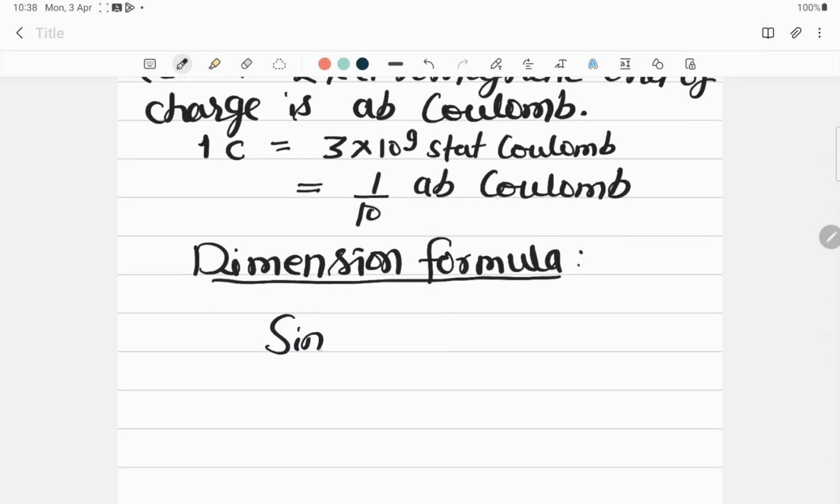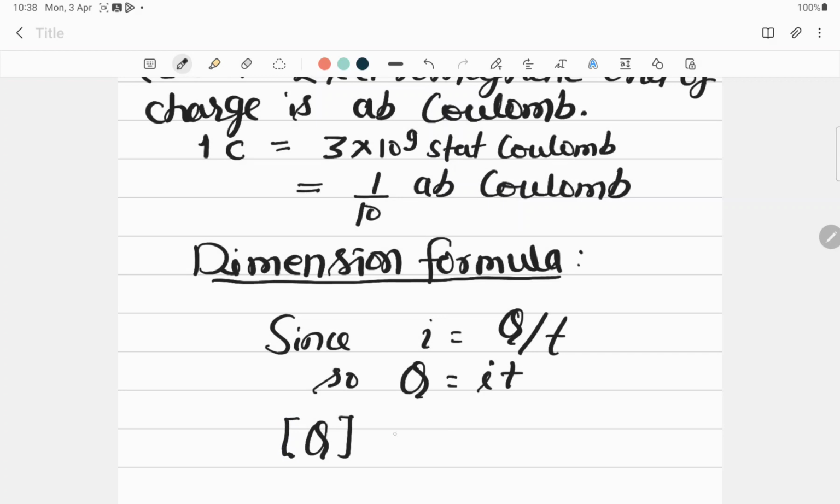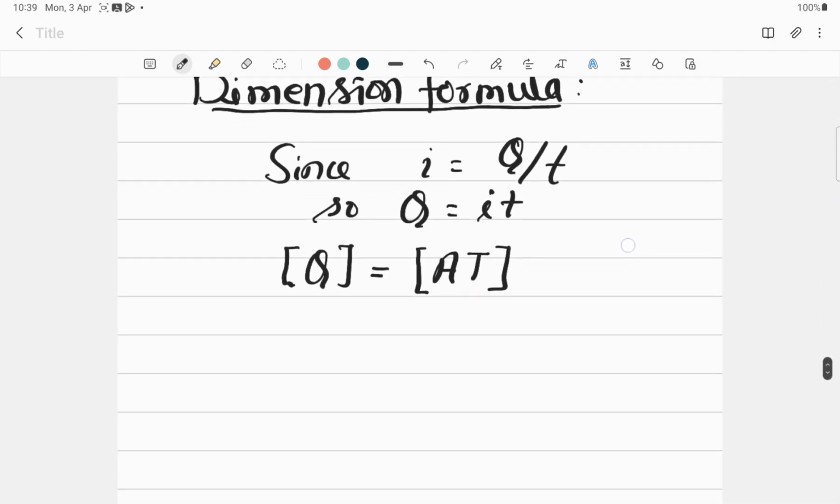Since I is equal to Q by T, so Q is equal to I T. So the dimensional formula in the big brackets, Q equals I measured in ampere, capital A, T time, capital T, and in big brackets. So Q equals A T in big brackets. So this is the dimensional formula for charge.